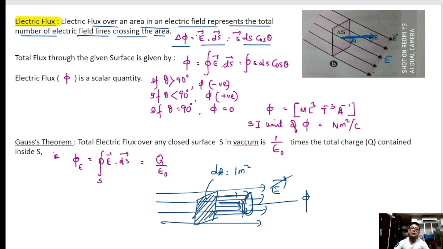Flux will be E dot ds, so E ds cos theta. Clear?